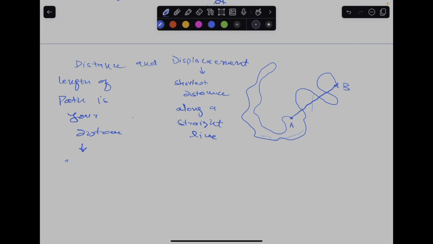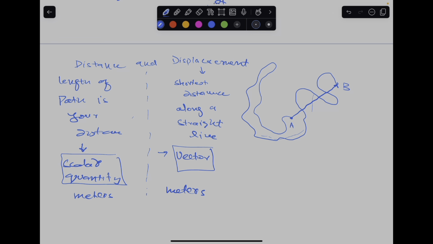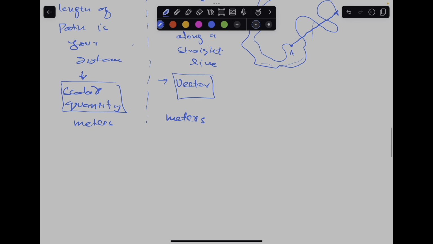So distance is a scalar quantity, while your displacement is a vector quantity. Both are measured in meters, but this is a scalar quantity and this is a vector quantity. So similarly, we have speed and velocity.